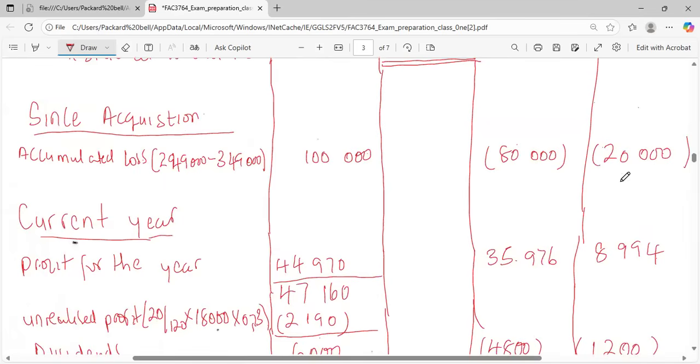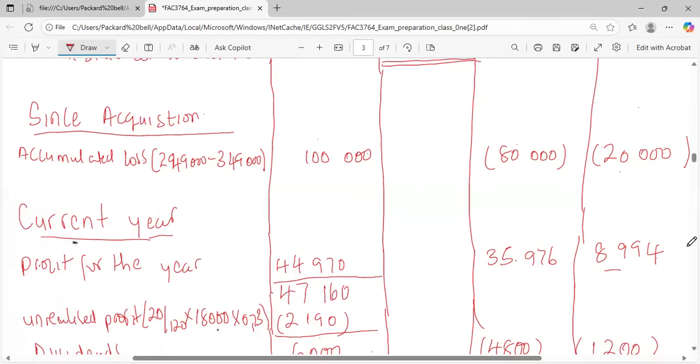Then we go to since acquisition. Here there's a loss, so we subtract the 20,000. Then we go to profit for the year. We add 8,994.